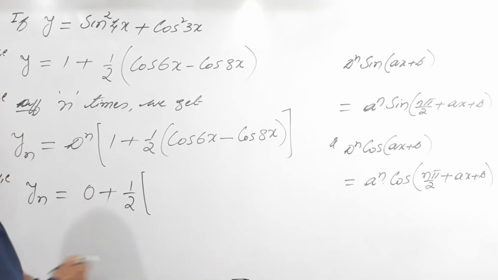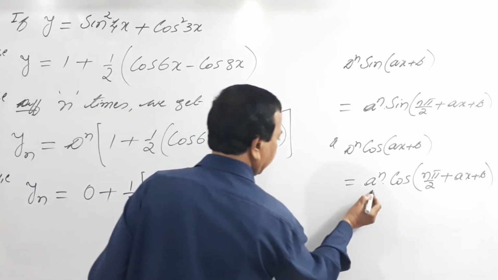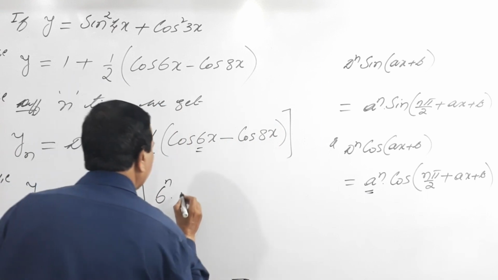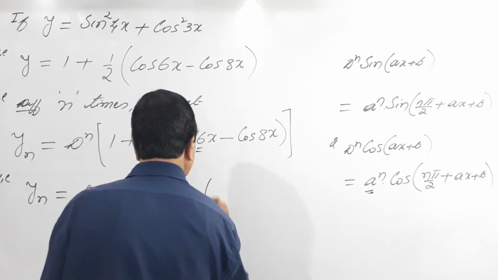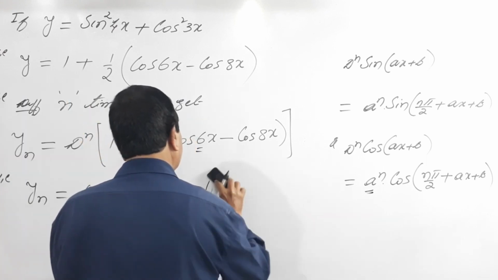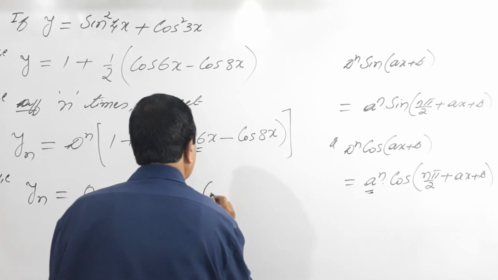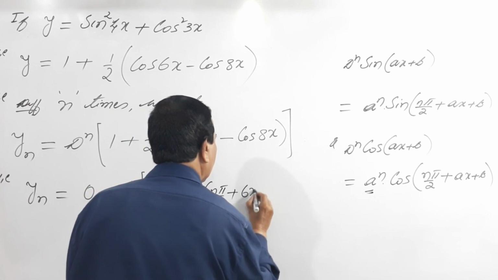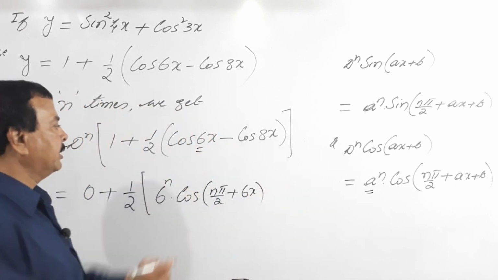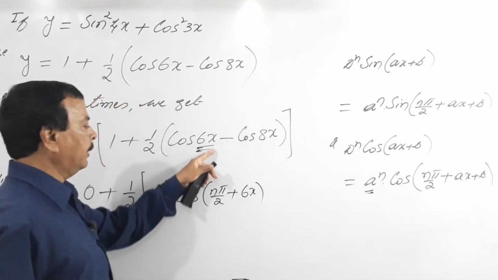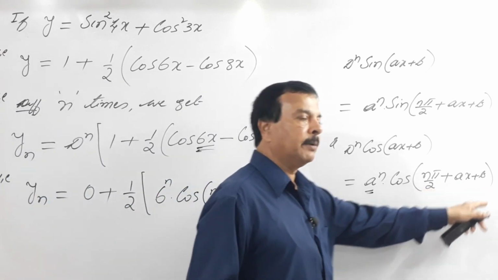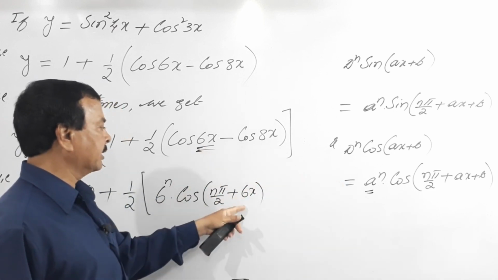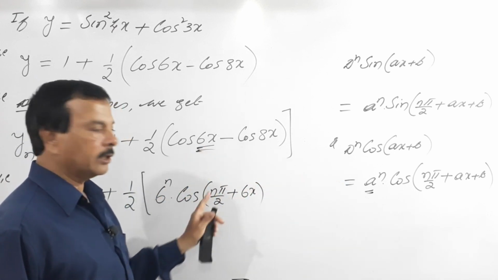Here a is 6, so this becomes 6 to the power of n into cos of n pi by 2 plus 6x. So whatever is here, that will be 6 instead of ax plus b. We have 6x, b is constant, so forget it.